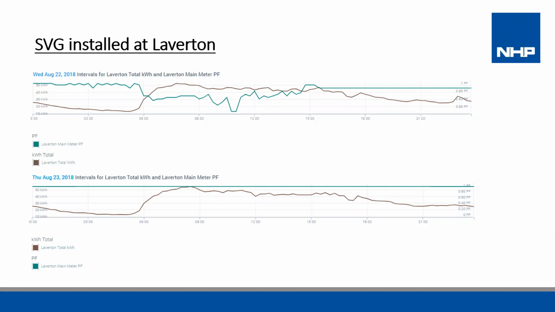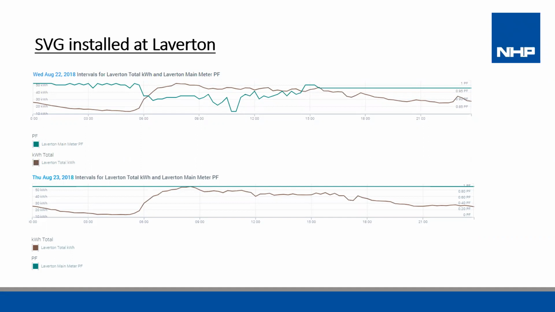Note that an active harmonic filter could have been used in this case to achieve the same result. However, it would not have been a sound economic decision to do so, as we were compensating for displacement power factor and not distortion power factor.